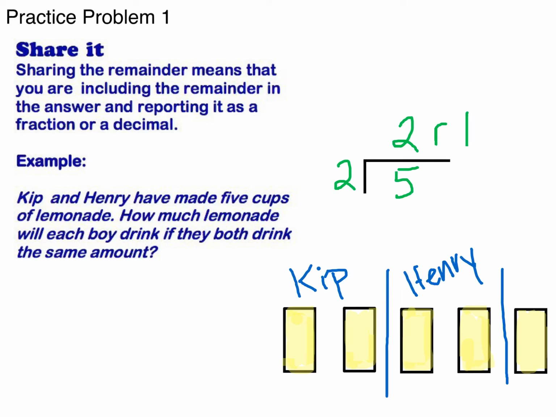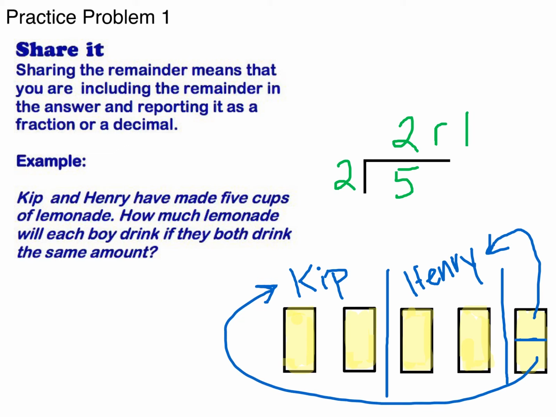But now there's this one glass that's left, and unlike the marbles, you can share a glass, and I know that each of these boys could actually have half the glass. So half of this could be for Henry, and half of it could be for Kip.